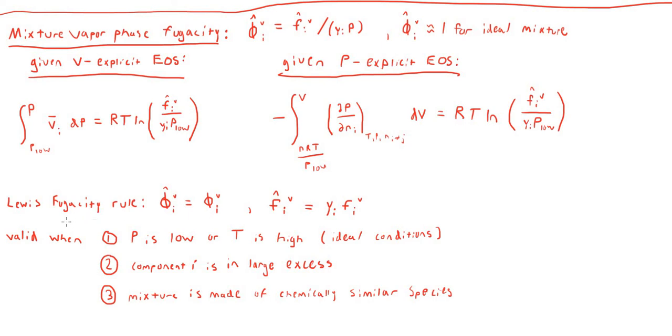So it is okay to assume that the Lewis fugacity rule is valid when, one, the pressure is low or the temperature is high, or in other words, almost at ideal conditions; two, if component i is in large excess, so if the mixture is made up of mostly component i; and three, if the mixture is made of chemically similar species. So if there was a mixture of, say, benzene and toluene, then it would be a good assumption that the Lewis fugacity rule is valid.